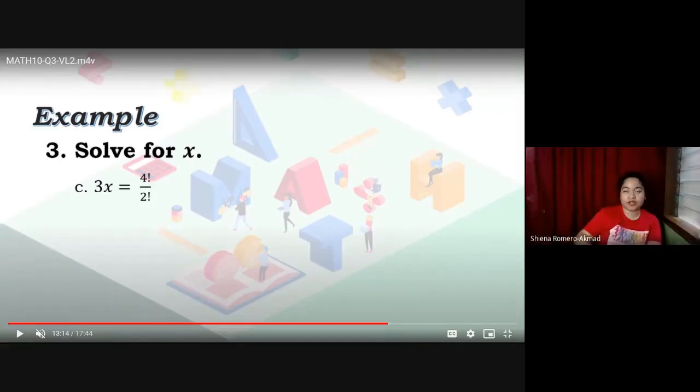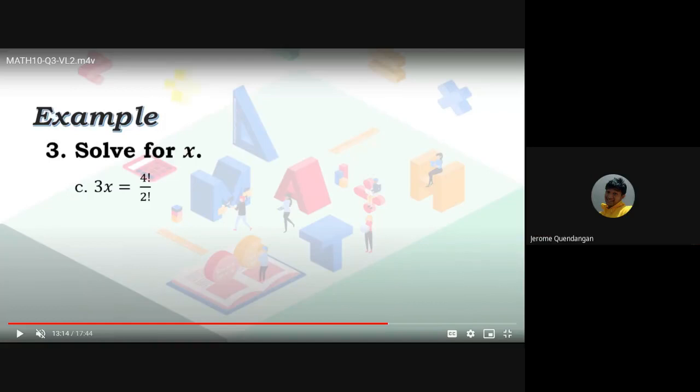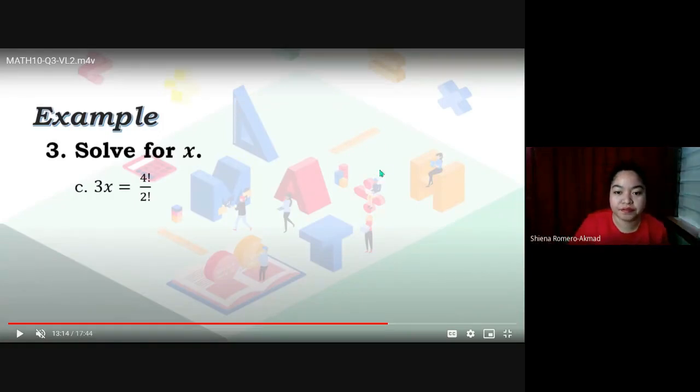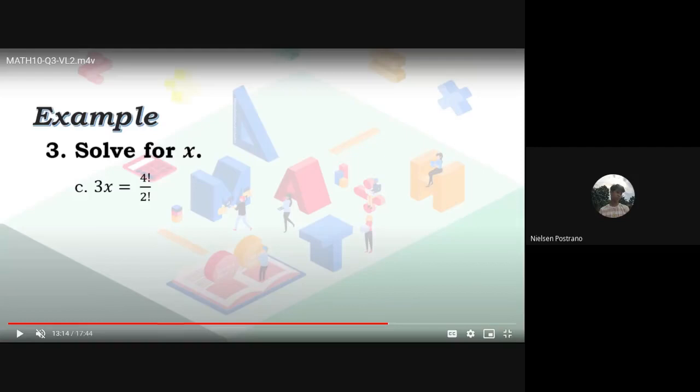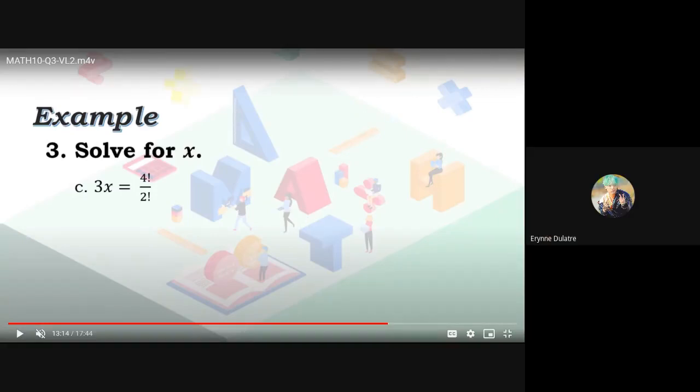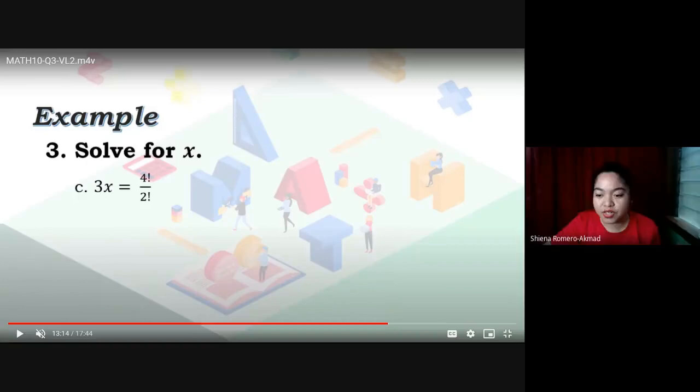How about 2 factorial? 2. So 24 divided by 2 is 12. Now 3x equals 12. Now what is the value of the variable x? 4 po. 4.